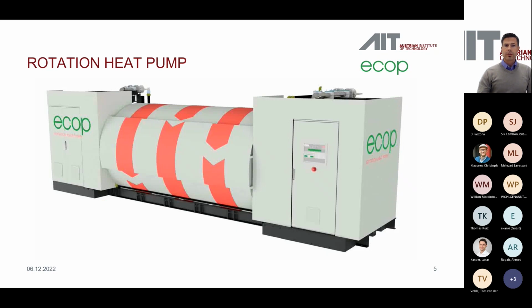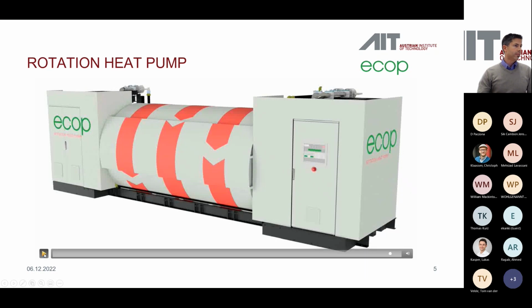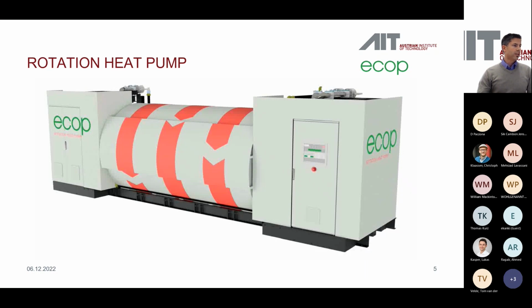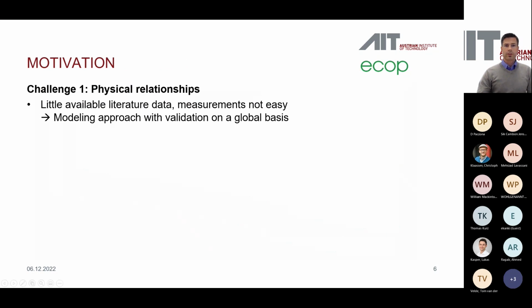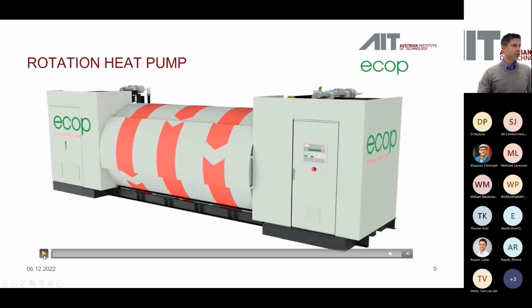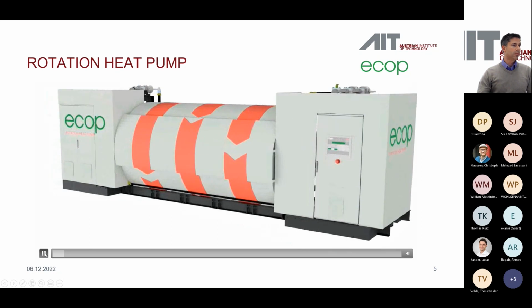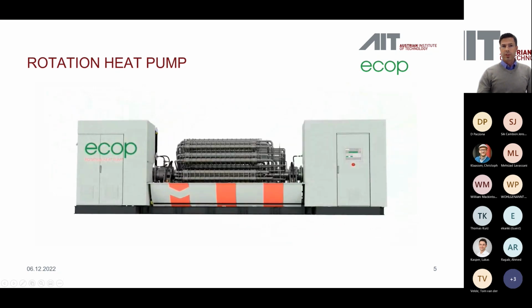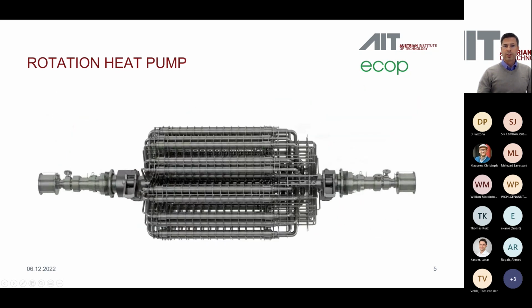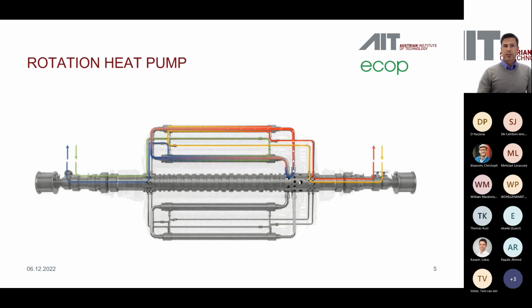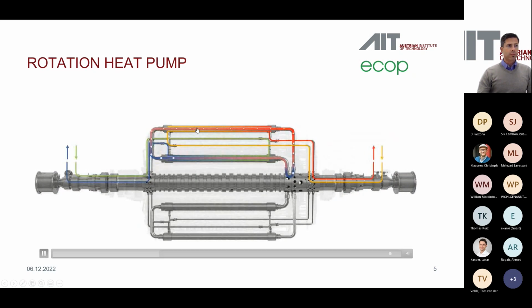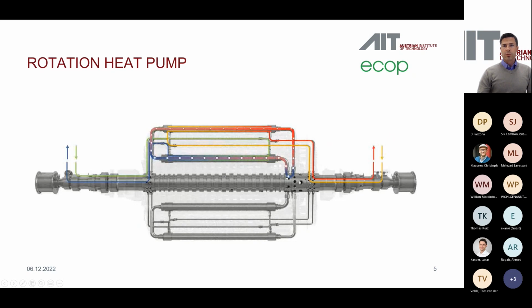On the next slide, you see a short film. You can have insights into this. Okay, you get some insights into this rotation heat pump. The media cycles are shown here in detail. The refrigerant, marked by these bubbles here, is a noble gas in a closed cycle within the rotor.